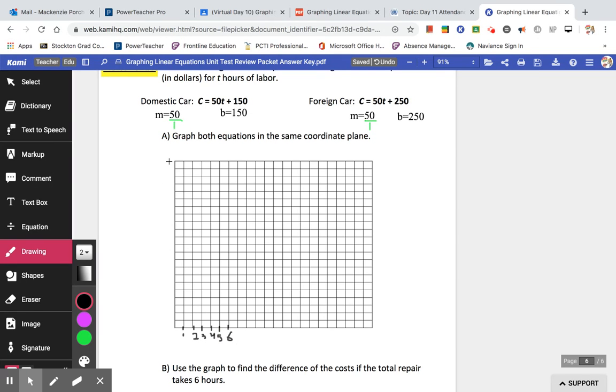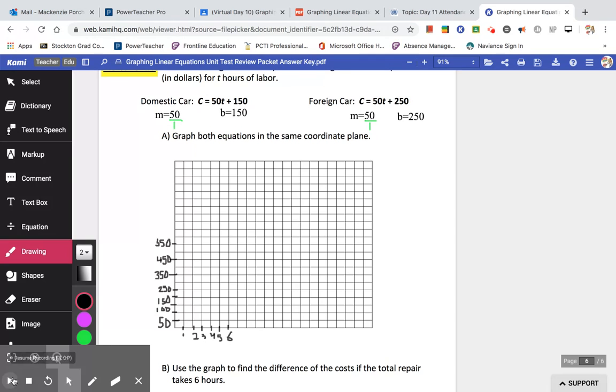And the y-axis, like we said, all of these count by 50, so it could be a good idea to count by 50s here. So if I'm doing that, the first box up will be 50. The second one will be 100. You don't have to label all of these, but just so you get the idea. Then we'd have 150.